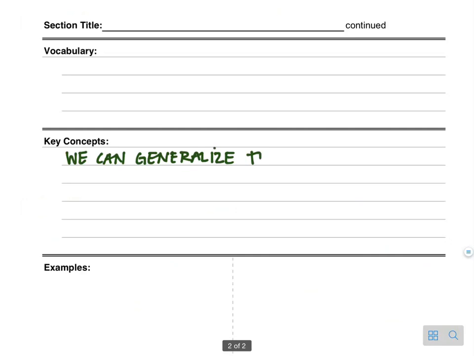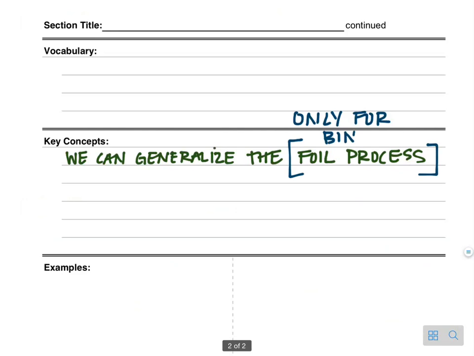So we can generalize this beyond a binomial times a binomial, because the FOIL process, the concept of front, outside, inside, and last, only works for binomials. If we generalize, we can indicate that we're going to want to distribute.